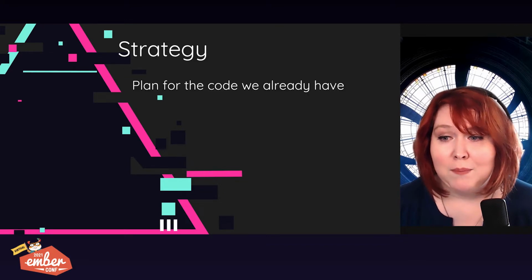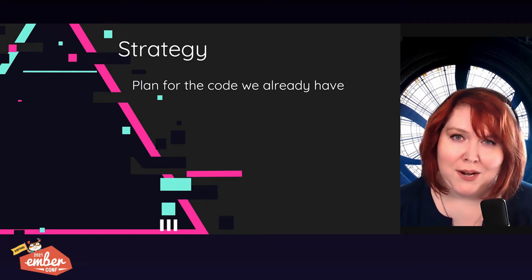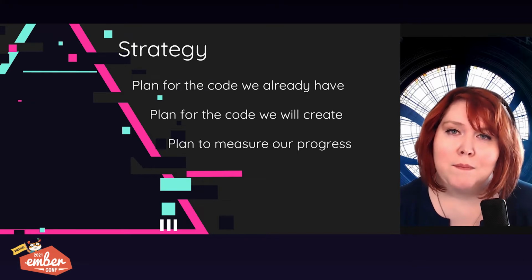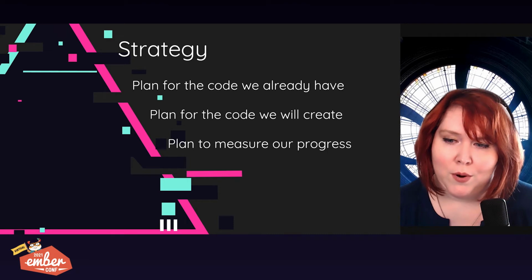So, what does that strategy look like? Well, this three-part strategy includes a plan for the code we already have, a plan for the code we'll have in the future, and a plan for how to measure our work, and we'll discuss why that is so important.